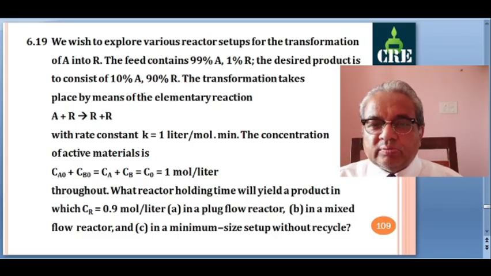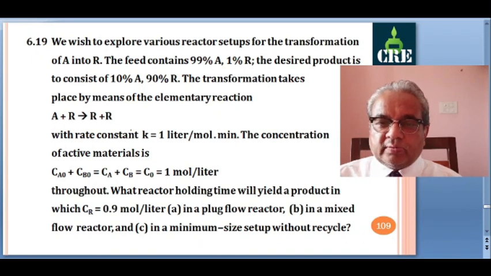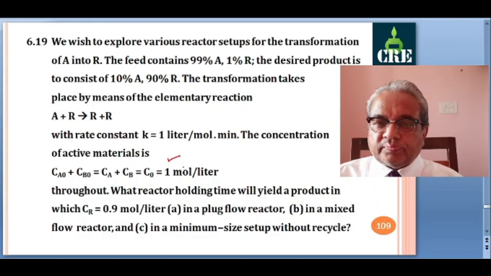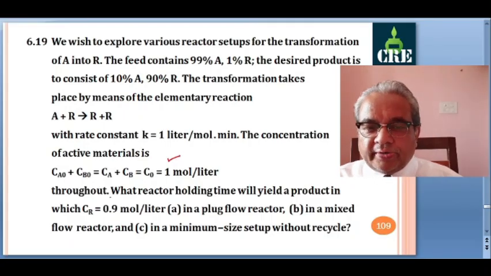The transformation takes place by means of an elementary reaction, A plus R giving you R plus R. So it is an autocatalytic reaction. With the rate constant K as 1, the concentration of the reactive material Ca0 plus Cb0 is equal to Ca plus Cb, which will be the same as C0, the total initial concentration, 1 mole per liter.